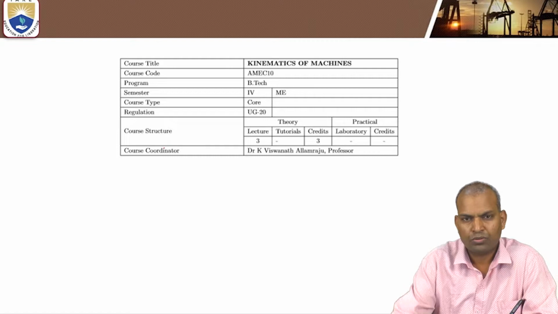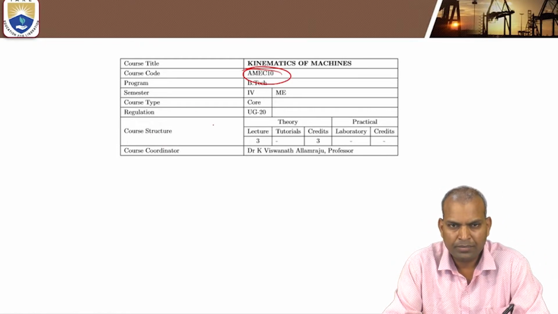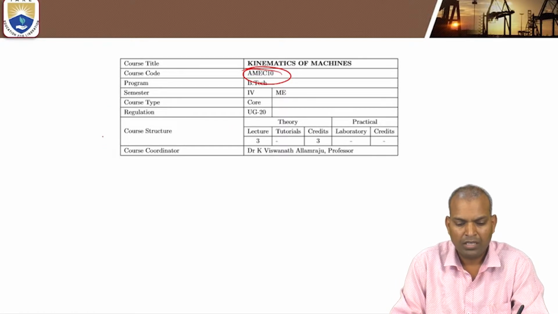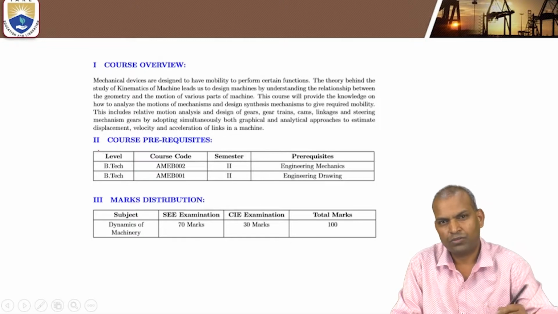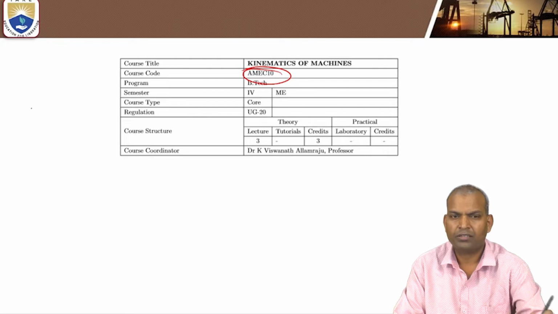The course code is AMEC10 and it is the BTech 4th semester mechanical engineering, undergraduate regulation UG 20 regulations. The credits of this course are 3 credits, and there are no tutorials and no practicals for this kinematics of machines.